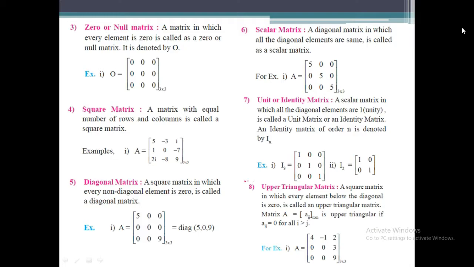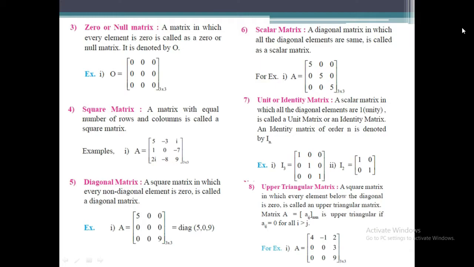Next one is a diagonal matrix, that is the fifth type. A diagonal matrix satisfies the property of a square matrix. So a diagonal matrix is always a square matrix, and here non-diagonal elements are always 0. Next type is the scalar matrix.